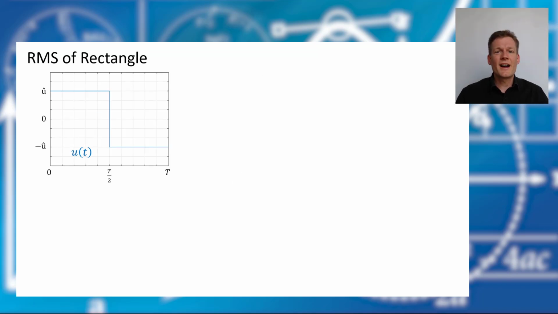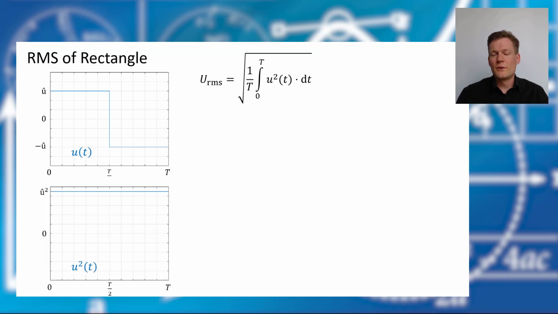And in the end, I want to calculate the RMS value of a square function. This time it's really easy, because if we take the square of this rectangular function, we just get a constant line. So our function is a constant.